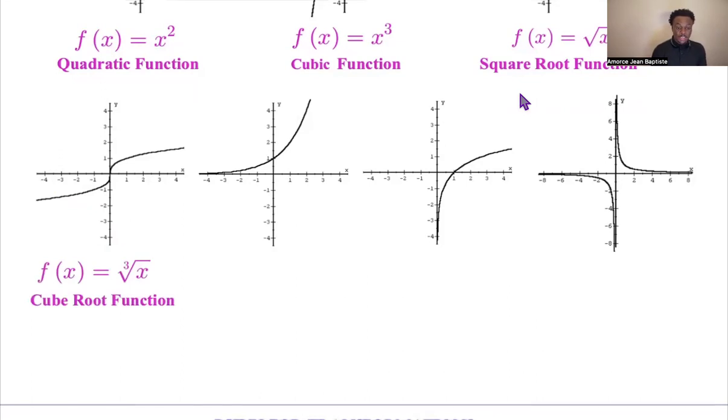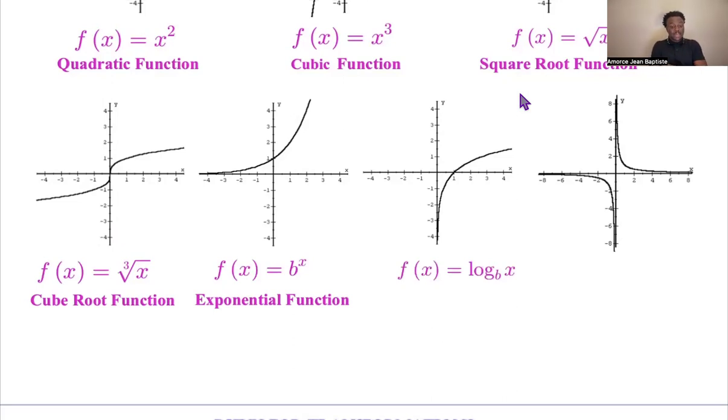Next function is the exponential function, f of x equals b to the x power. When transformed, it's going to keep the same shape, exponential function. That is the logarithmic function. When transformed, you're going to still see the shape that you see here with some transformation, but the basic shape will remain.